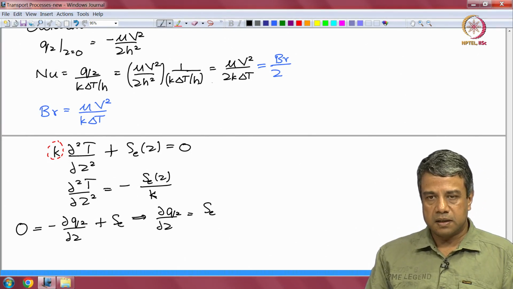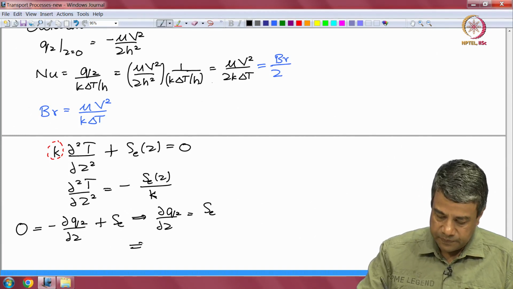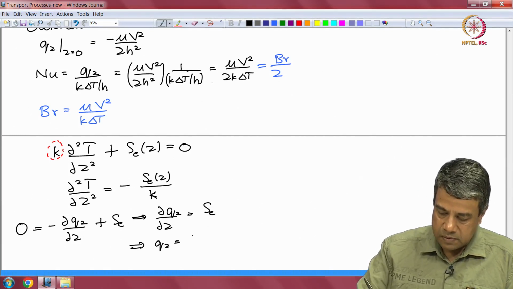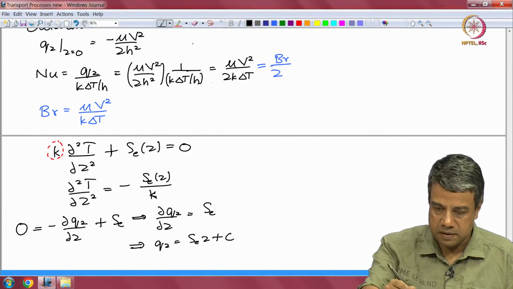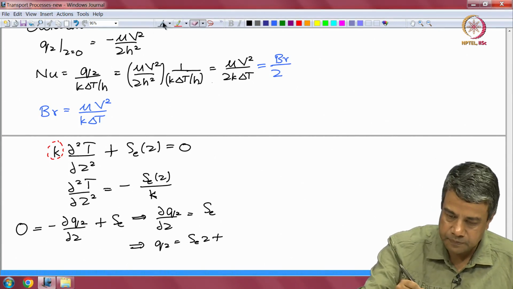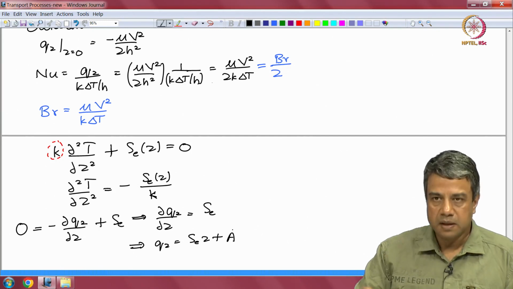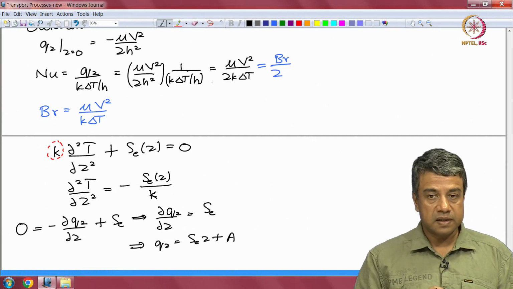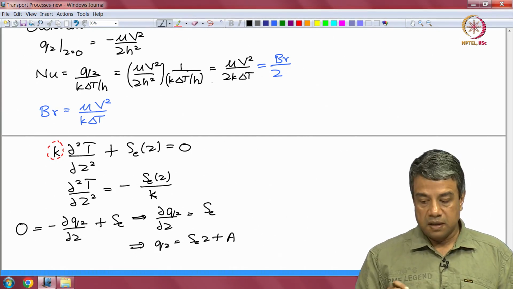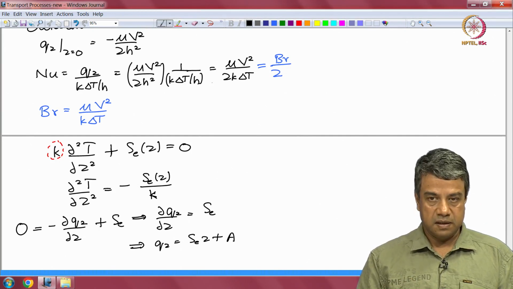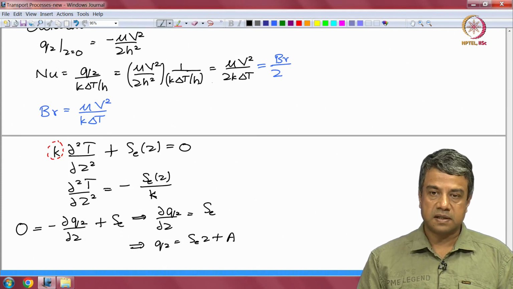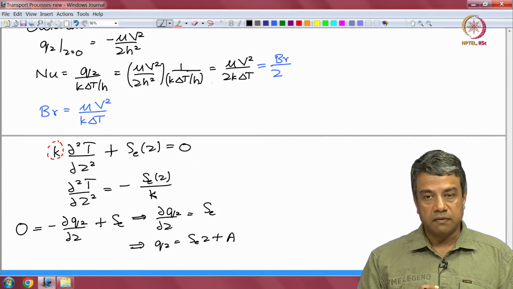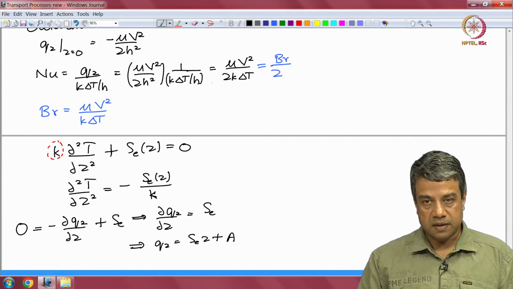And I can integrate this once to get Qz is equal to Se into z plus a constant A. Okay. So, even if the thermal conductivity is not a constant, the heat flux is still a linear function. If the source is a constant, the heat flux is a linear function of z, even though the thermal conductivity may not be a constant.